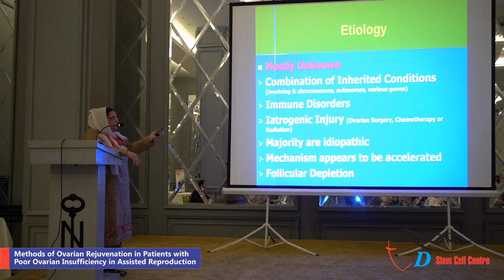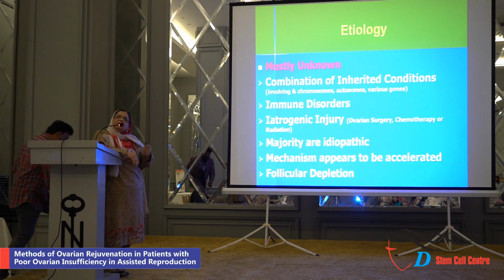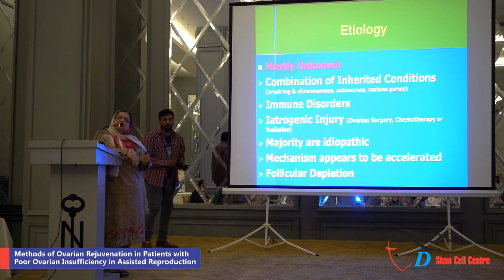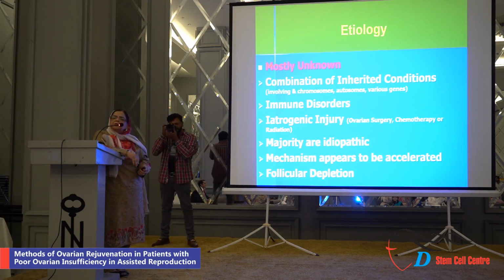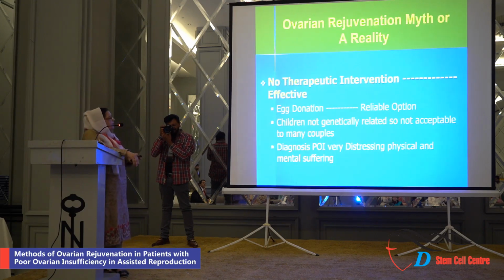As already said, mostly it is idiopathic, we don't know. The mechanism appears to be accelerated loss of the follicles, that is, they undergo depletion. So the patient undergoes earlier menopause. She is less than 40, but she doesn't have menses. Her hormone levels are in the range of women who have already reached menopause.